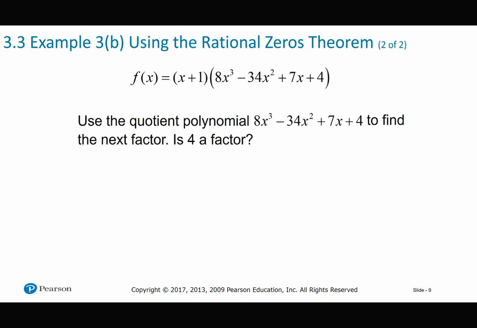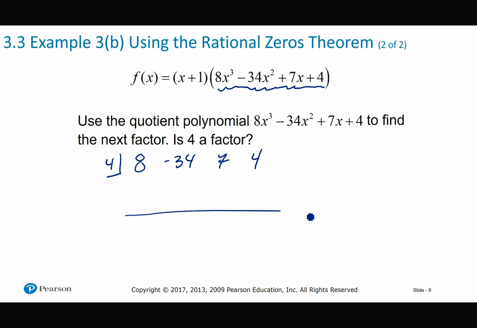All right, so let's use our synthetic division to break down this one. So I'd have 8, negative 34, 7, and a positive 4. Bring 8 down. 8 times 4 is 32. Add those together, get a negative 2. And a negative 8. Add those together, get negative 1. Negative 4, get 0. So again, that's what I want to happen.